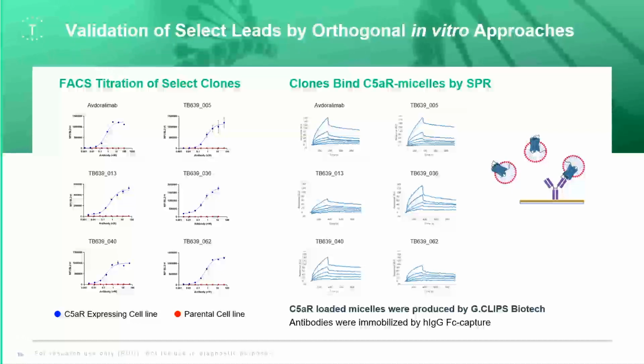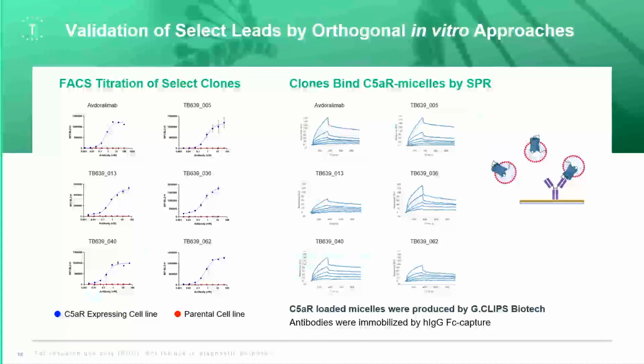Here, we worked with a company called GenScript Biotech, who provided us with mice cells that were loaded with the target, loaded with C5a receptor. And we were able to use this on the Carterra system to show binding and confirm binding of our hits.